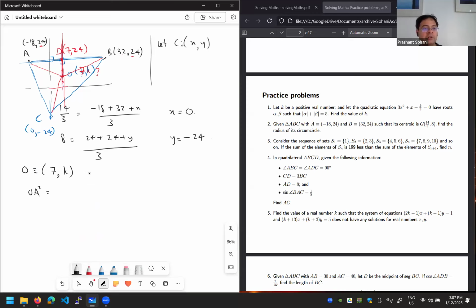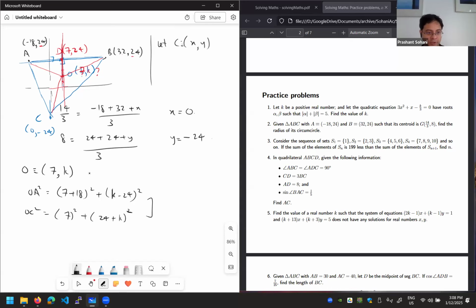Okay, so OA square turned out to be 7 plus 18 square plus k minus 24 square, and OC square will be 7 square plus minus 24 minus 24 plus k square. So these two have to be equal, right? And in this, the only unknown variable is k. Everything else is going to get cancelled.